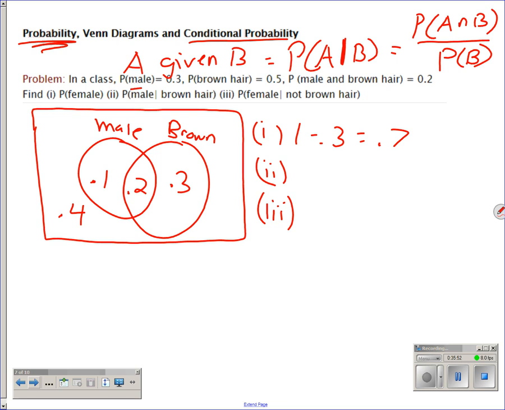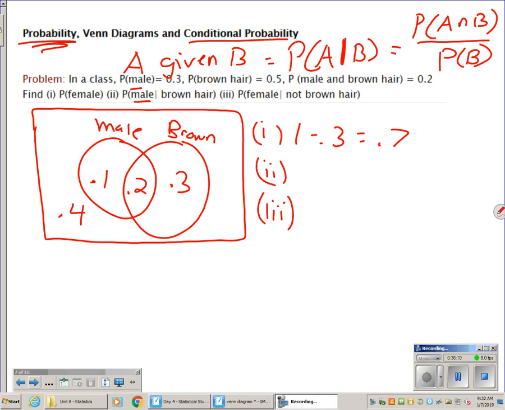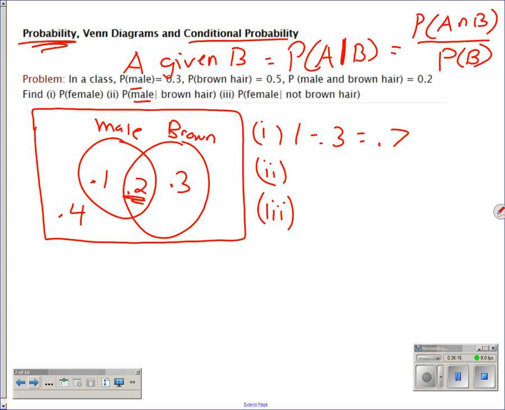But now here's the given ones. The probability of being a male given that you have brown hair. Given probability, you have to do the probability of both divided by the probability of the given. So first, what's the probability of being both a male and having brown hair? 0.2, it's right here. Probability of both is 0.2, so that's the top of my numerator.